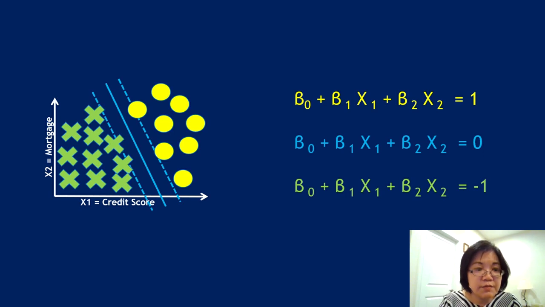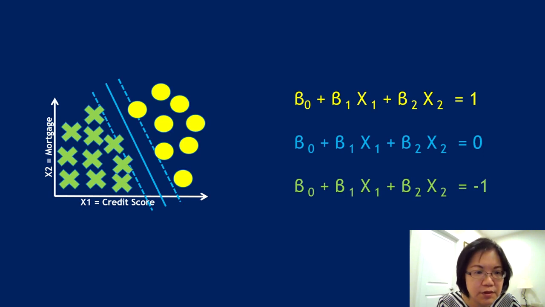So using the SVM function, you will be able to figure out the hyperplane, which is the equation for the support vector classifier. That would be the blue equation in the middle, beta 0 plus beta 1 x1 plus beta 2 x2 equals 0. So anything above 0 is on the right-hand side.